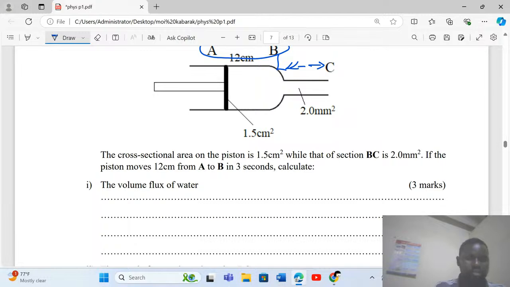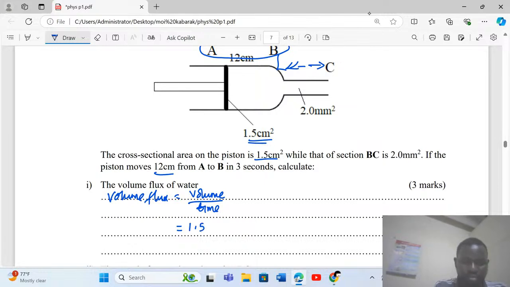Then in this case, volume flux is given by the volume over time. Therefore, we are having a cross-sectional area of 1.5 and 12 centimeters. I think in this case we can work with the small units.